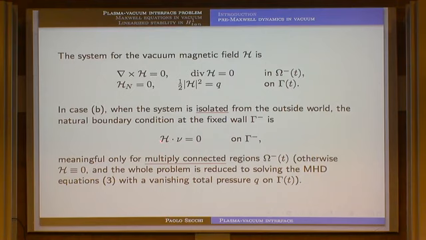So if we look at the differential equations plus this H·n equals 0 on gamma t and the similar condition on the fixed part of the boundary, this is enough to get that the solution is 0 if the region omega minus is simply connected. So H is 0 in vacuum.